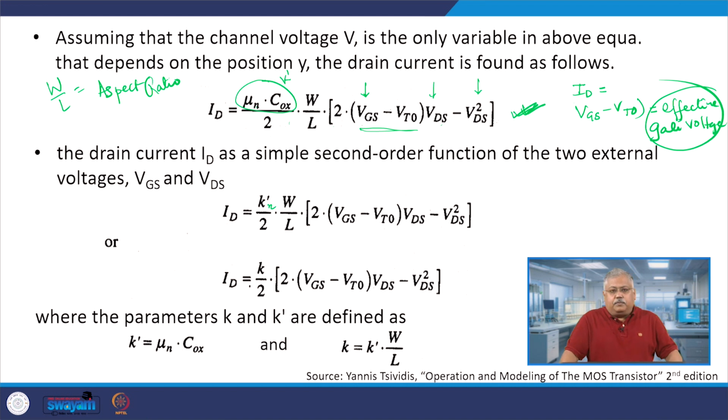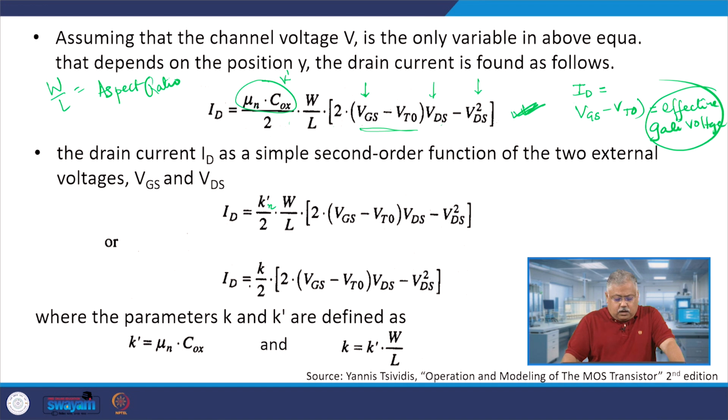Now Kn prime is also referred to as the process transconductance parameter, and Kn prime into W by L is also referred to as the conductance parameter. These are all bias independent parameters. They depend upon the structure of the device and the material of the device. So how much is your Tox, how much is your W by L, which type of carriers you are choosing, that will define the value of Kn prime.